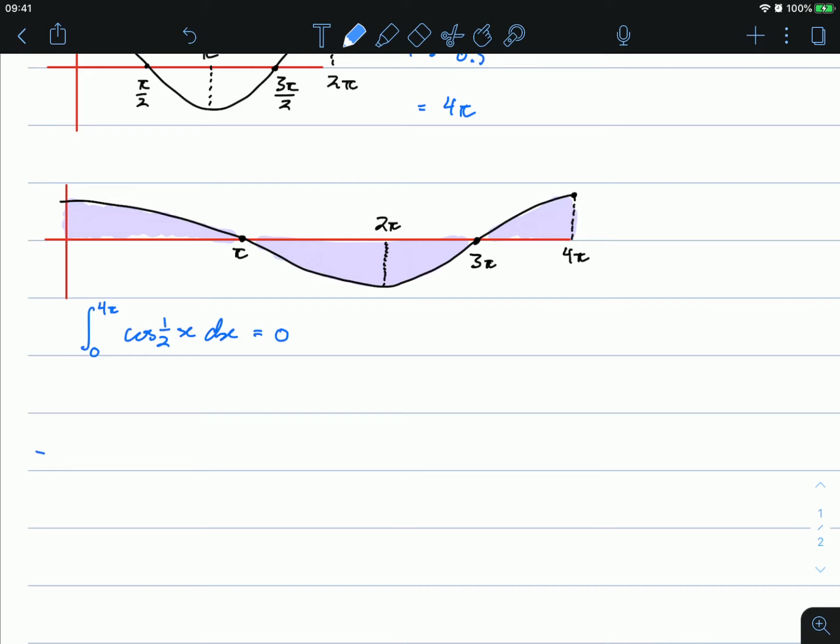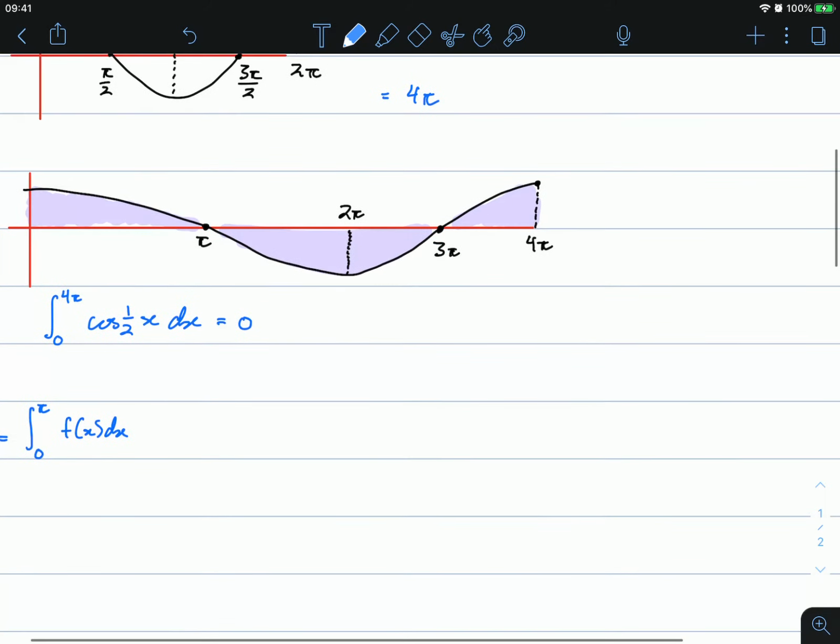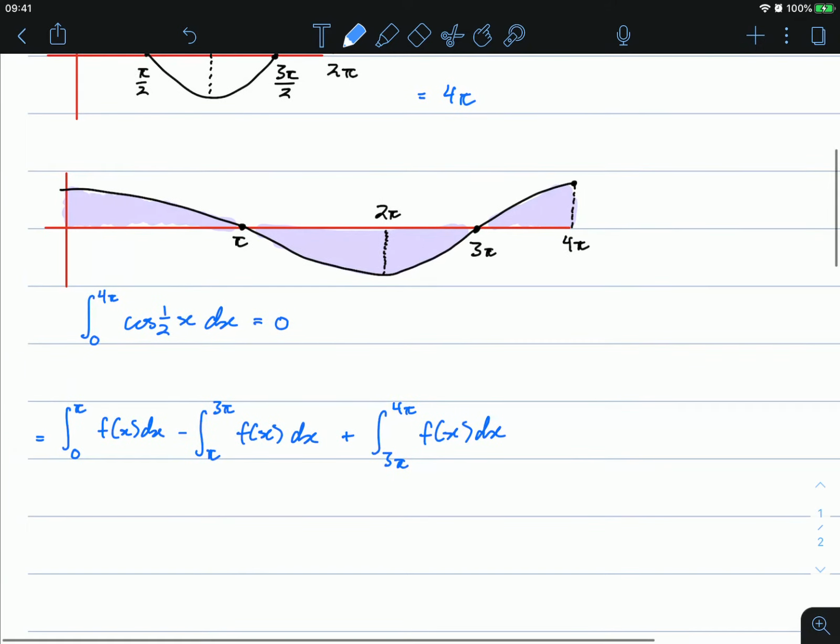To counter this, we have to break up the integral from 0 to pi of f of x dx. Now, because this is below the x-axis, rather than add it, we're going to minus, because we're multiplying by -1, so minus from pi to 3 pi of f of x dx, plus this area here, which is from 3 pi to 4 pi f of x dx.